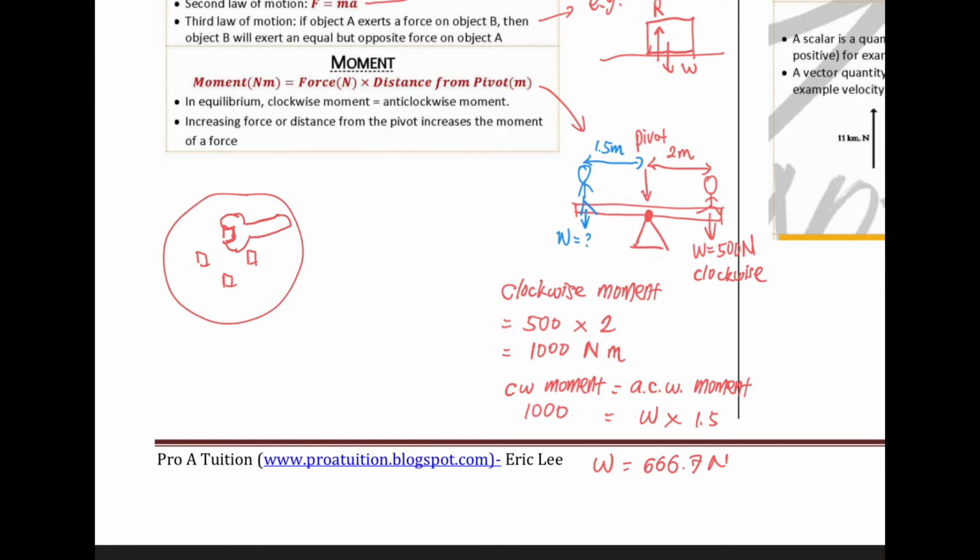Normally you find it very difficult to open it because the normal spanner is a bit short. Because it's short, the distance from the pivot is low in value. This is where the pivot is. Let's say your force is here, you're pressing it.